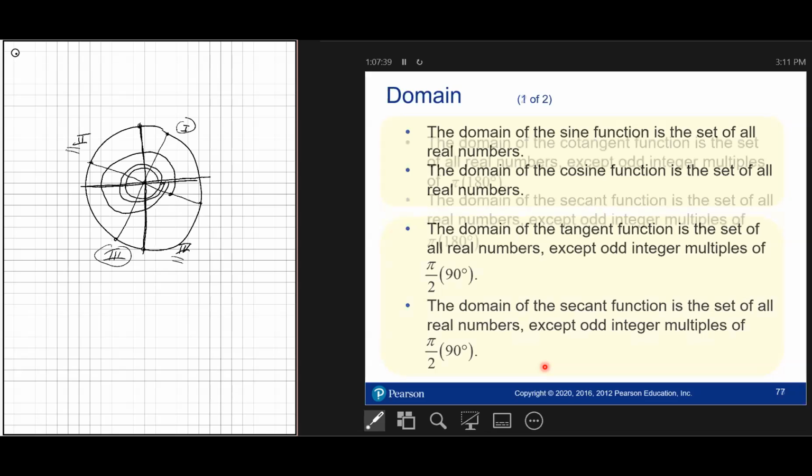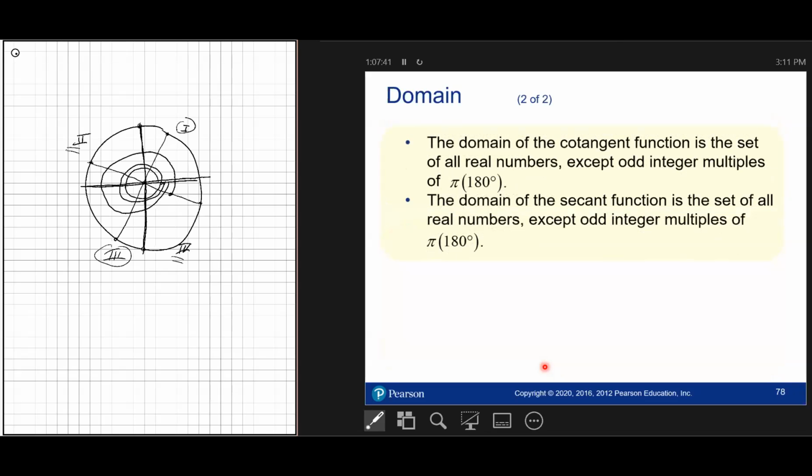And with cotangent and cosecant, the same thing happens, but it's going to be odd multiples of pi.